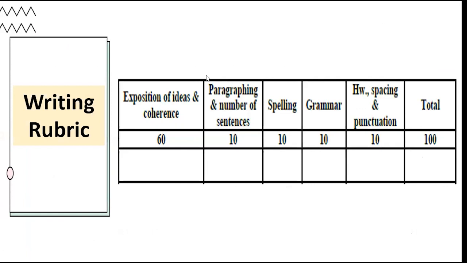And you have the rubric over here. It's worth 100 marks. The exposition of ideas and the coherence. That means the ideas you present and the sentences. Are the ideas clear? Are the ideas right? Anything related to the ideas is 60. So the most marks you can get are for the ideas, and that it makes sense and is clear. The paragraphing and the number of sentences are worth 10. If I wrote 4 paragraphs, we should all write 4 paragraphs. So in the end the essay should be 4 paragraphs and the number of sentences should not be less than 14.